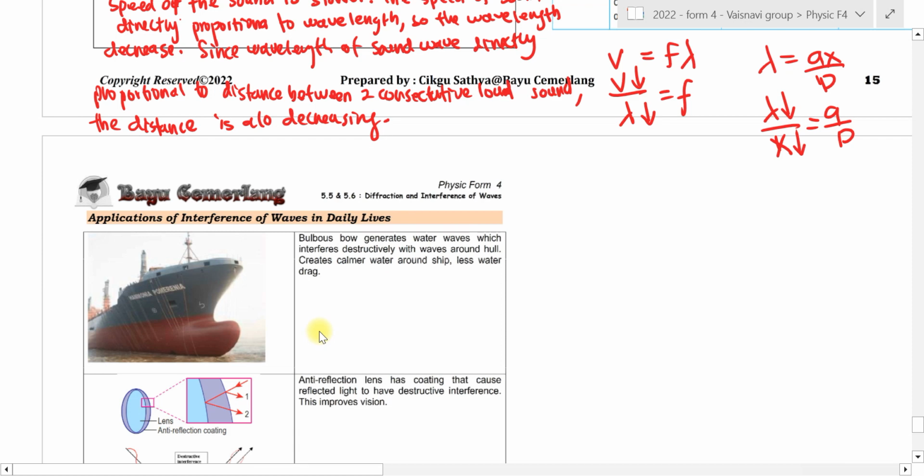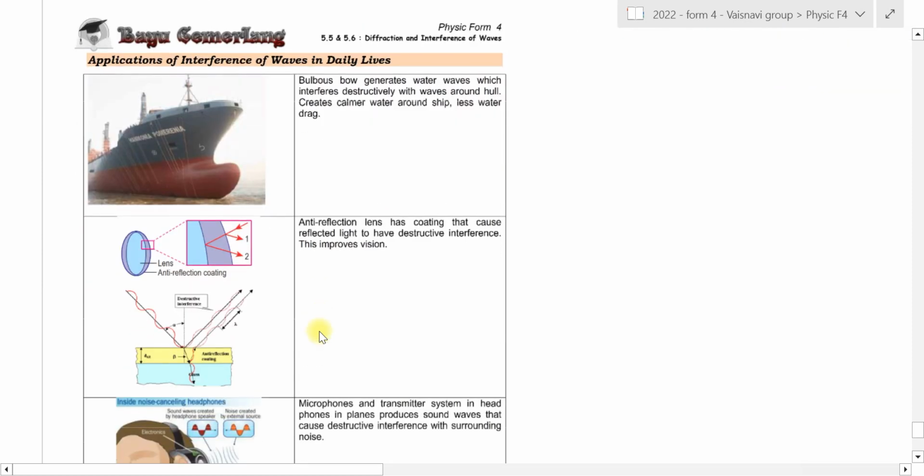Some of the application of interference of wave in daily life. Contoh, bulbous bow, this one, this part, generate water wave which interferes destructively with the wave around hull. Creates calmer water around the ship, less water drag.